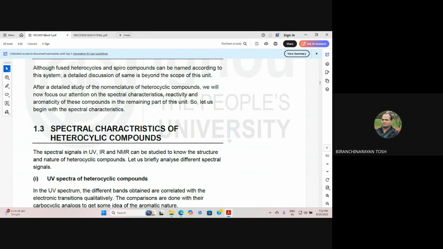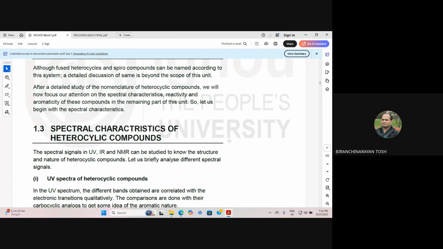Because with these heterocyclic compounds, if you see a simple aromatic hydrocarbon, which does not contain a heteroatom, only carbon and hydrogen, the bond is less polarized than if there is a heteroatom. So all organic compounds, depending upon the bond strength, are sensitive to different types of radiation.